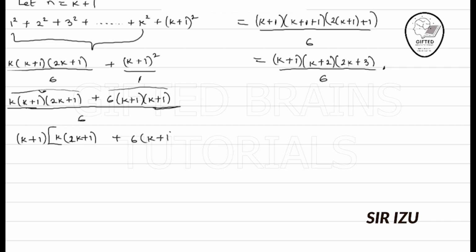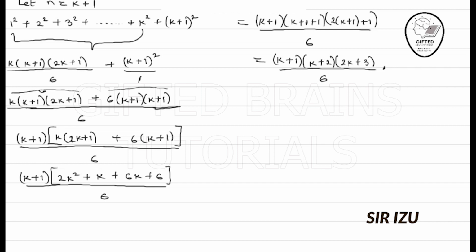Remember, all over 6. So at the end of the day, we can further simplify by taking k plus 1 out and opening up the brackets you have: 2k squared plus k plus 6k plus 6, everything all over 6.